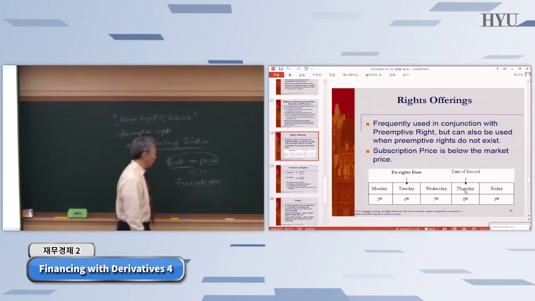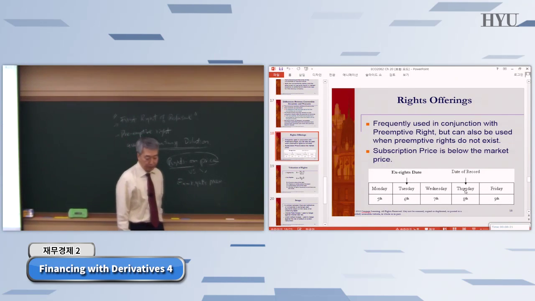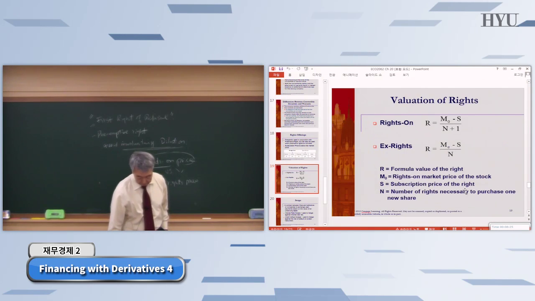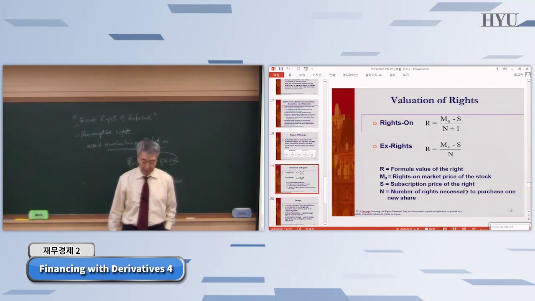Okay? But after the ex-rights date, the stock doesn't have that option, right? So the price will go down. Okay? So we can think about this, the value of rights, because rights can actually be detached and sold in the market.